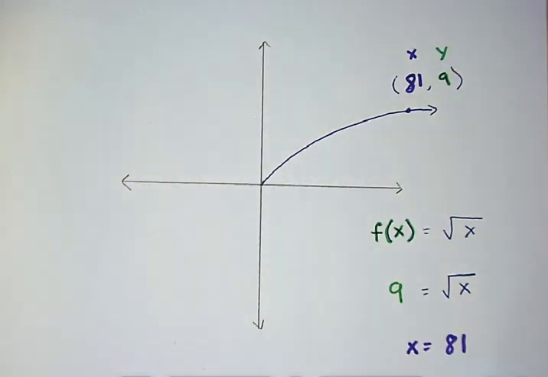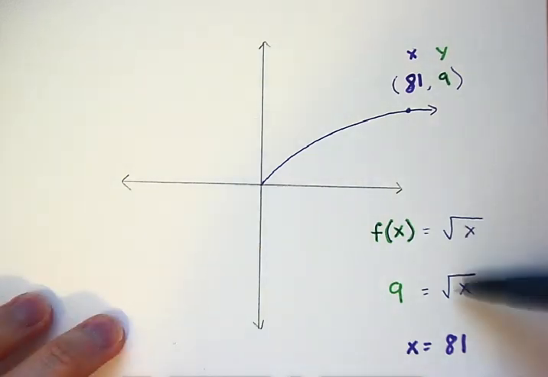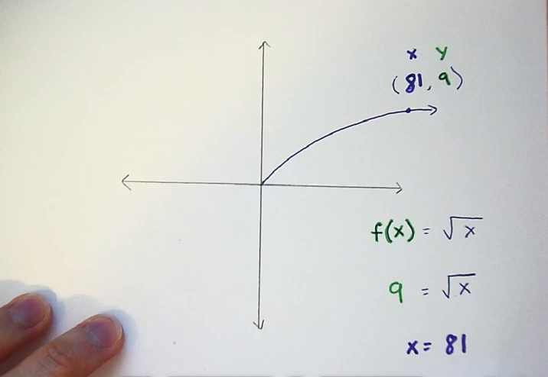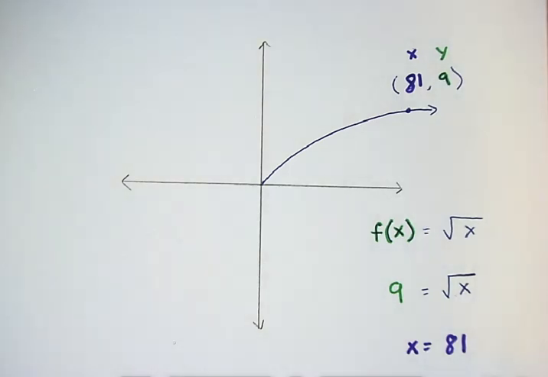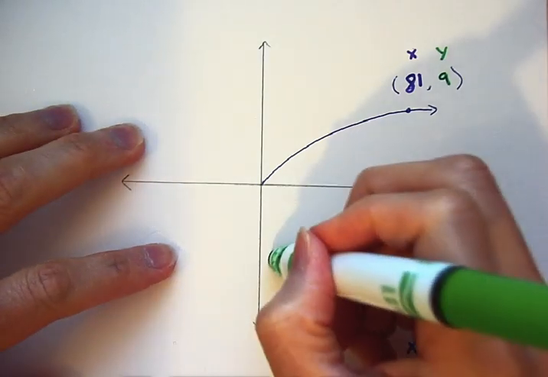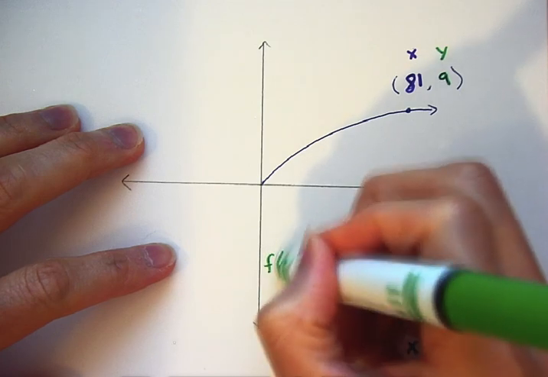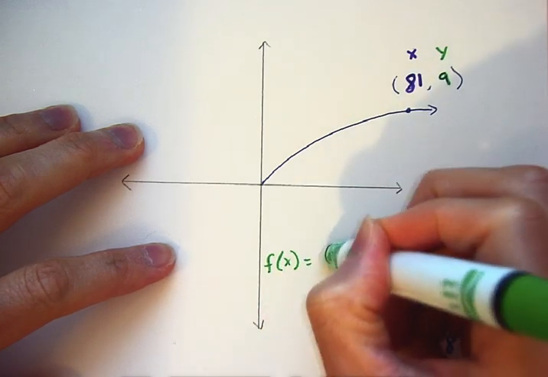Another way you could think of this. To go from here to here, all I did is I had my f of x equal 9.